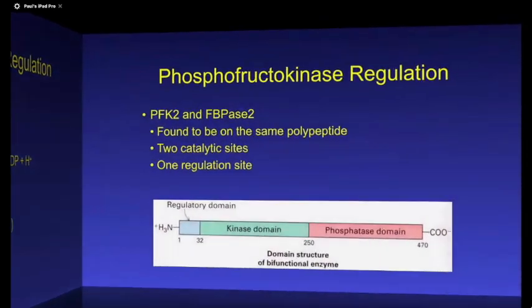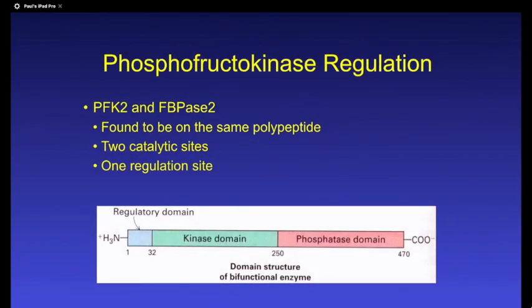Now, interestingly enough, when we talk about enzymes, we normally talk about an enzyme having one active site that does one reaction. The phosphofructokinase 2 and the fructose bisphosphatase 2 are actually on the same protein.